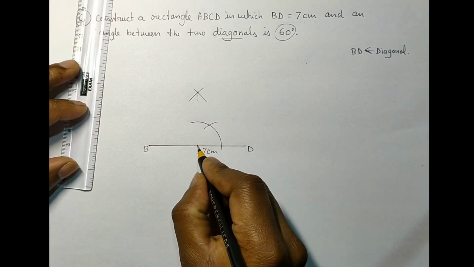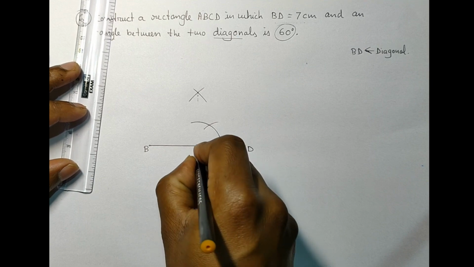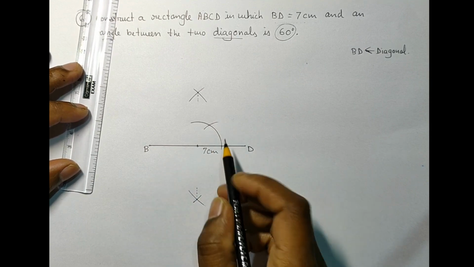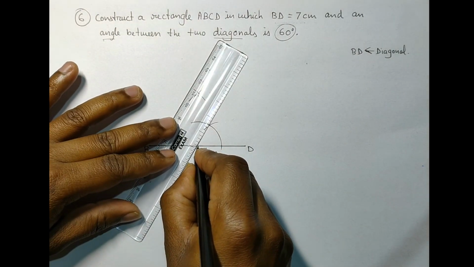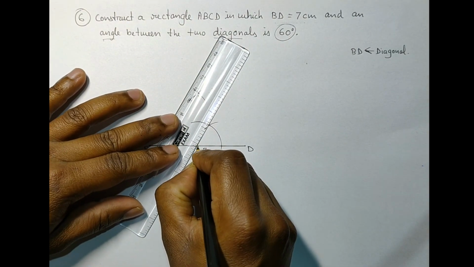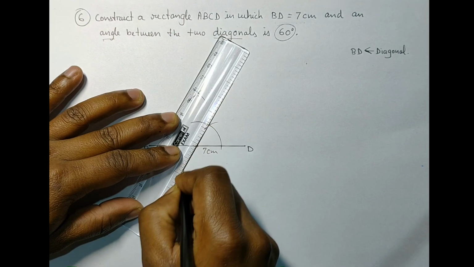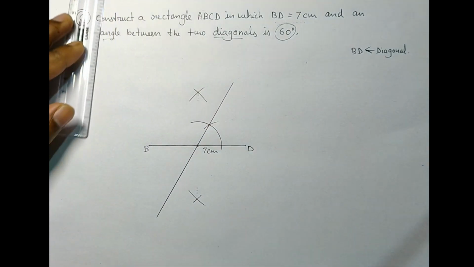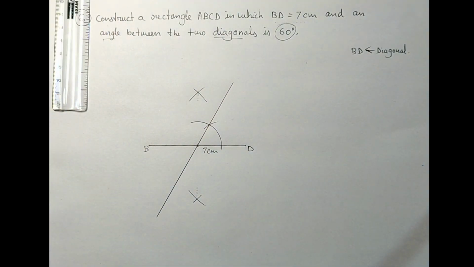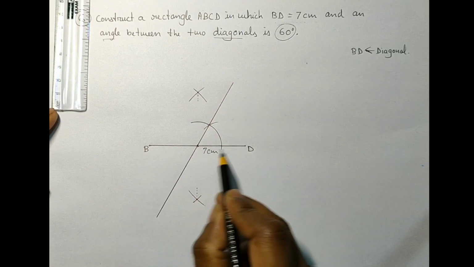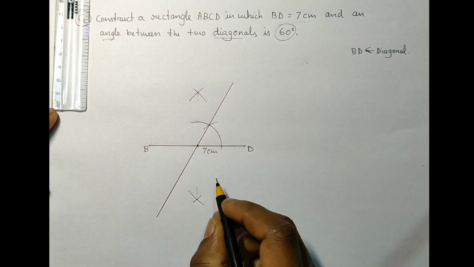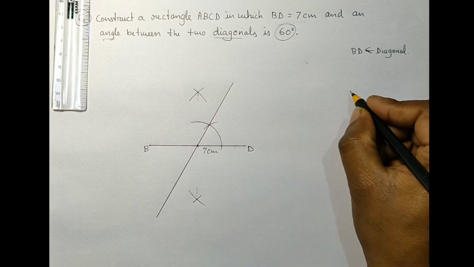Now using the ruler and pencil and this point, and this point, let's draw the line on both ends. Now we have the diagonal AC, but measurements are not marked, so we know the diagonals bisect each other.